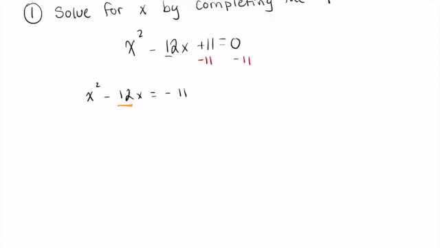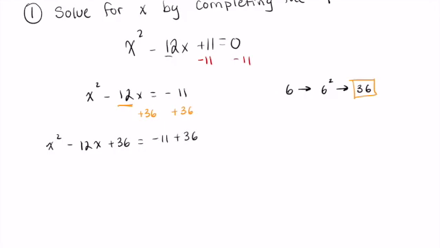So 1/2 of 12 is 6. Then I'm going to square that, which gives me 36. And then I'm going to add this number to both sides. That's going to give me x squared minus 12x plus 36 equals negative 11 plus 36.